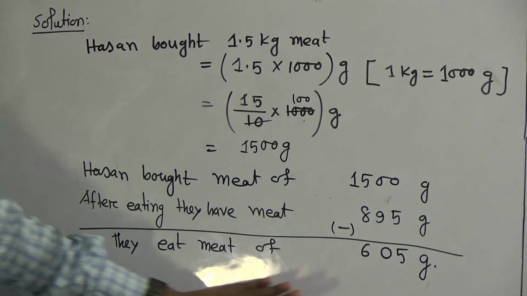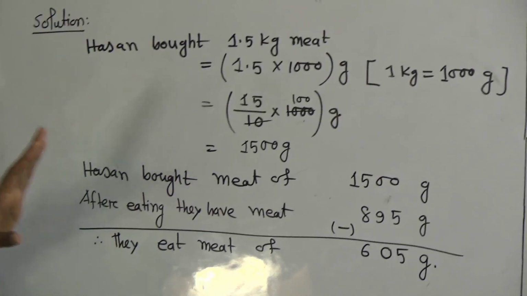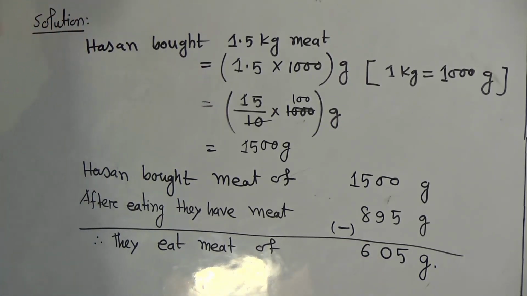Now the first step has finished. Now the second step: express the amount in kg and gram. Already we have got gram, so you have to convert this gram into kilogram. Okay, right?